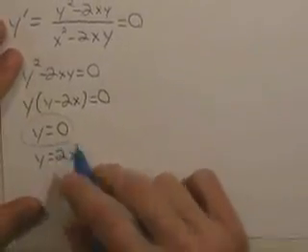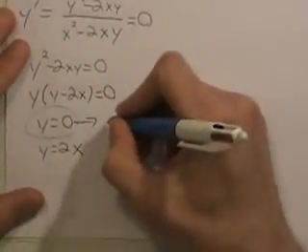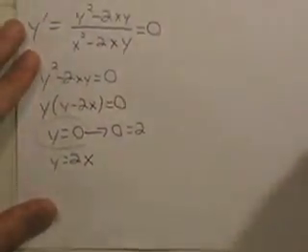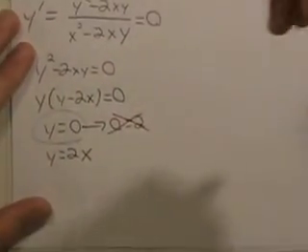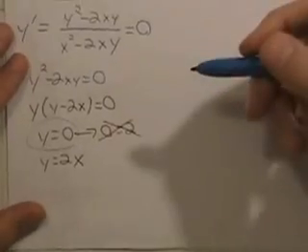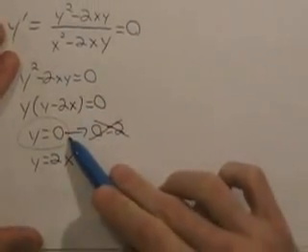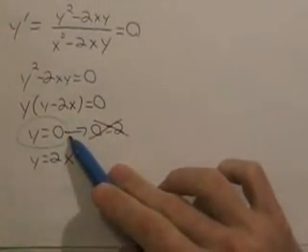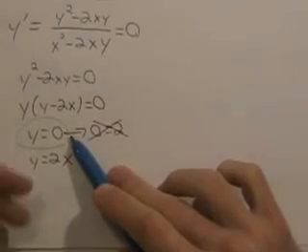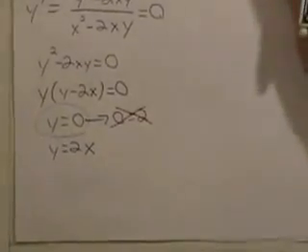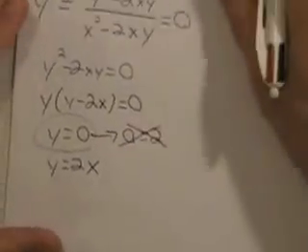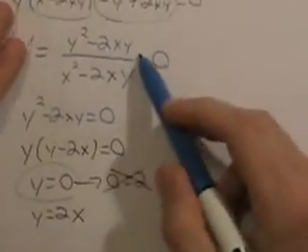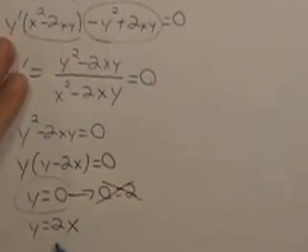We get a false equation, 0 equals 2, which means that if the condition can be satisfied, it isn't going to come from y being 0, because there's no point on the curve where y is 0. So if we are going to have horizontal tangents, then it must come from the other sub-condition, which is y equals 2x.